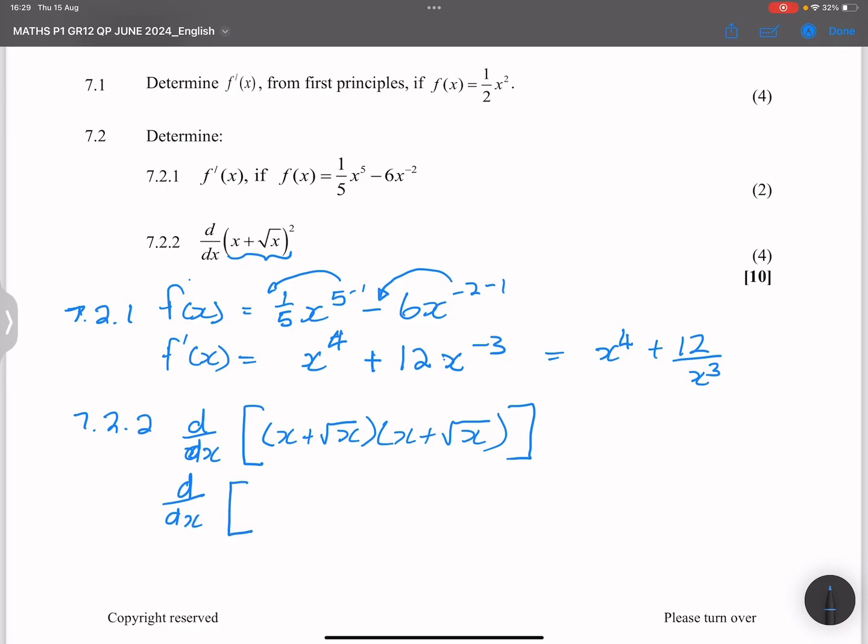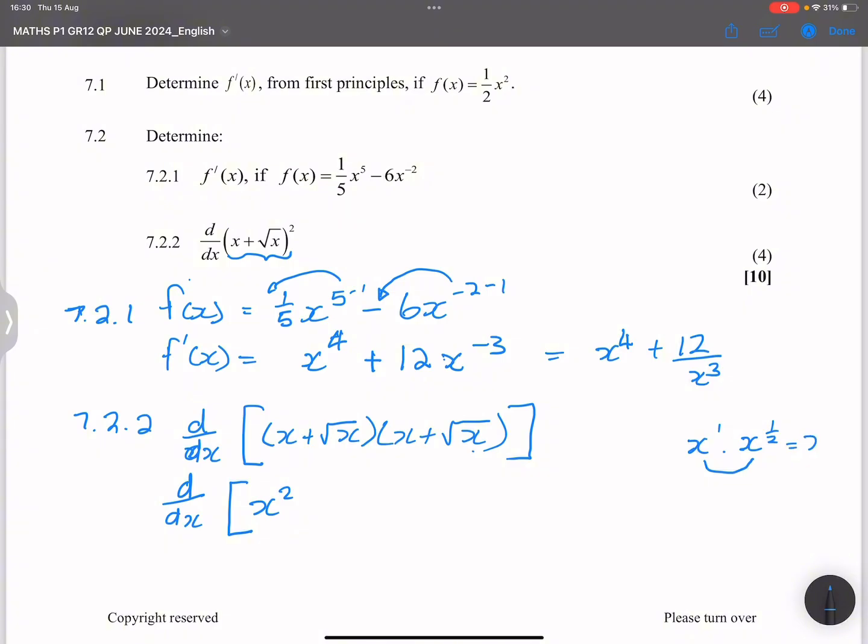Now this is going to be x squared, that's x times x. Now you've got x multiplied by root of x, so that's x times root of x, which is x to the power 1 over 2. Remember, bases are the same, so we add the exponents.